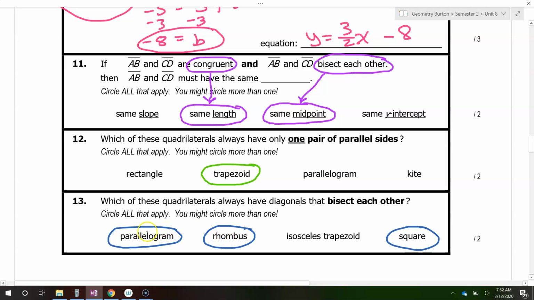So anything that applies to a parallelogram automatically applies to those as well. This property is a property of a parallelogram, but that's why we circle parallelogram and then we circle the other two. If rectangle had been here, we would have circled that too.